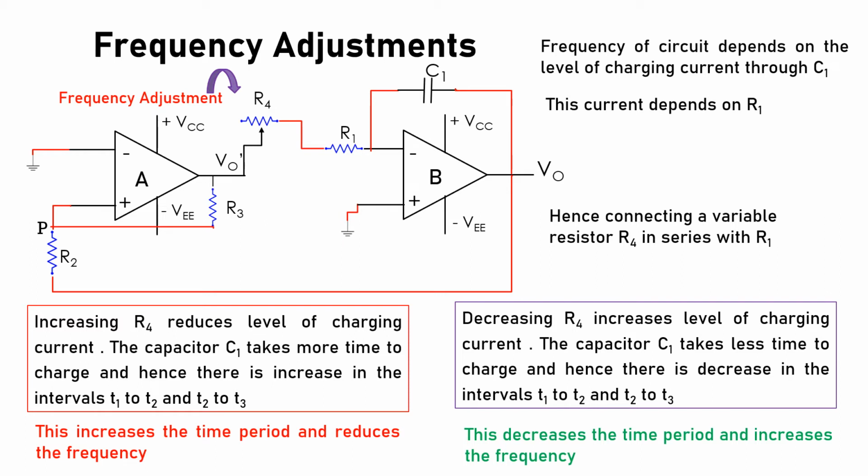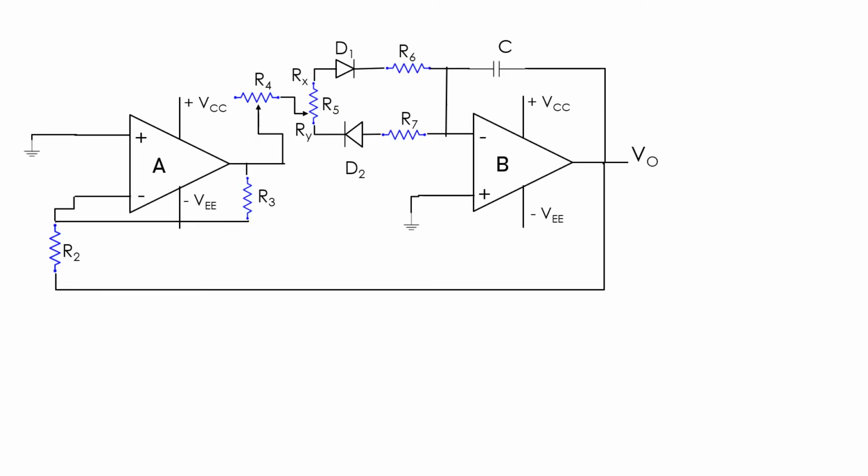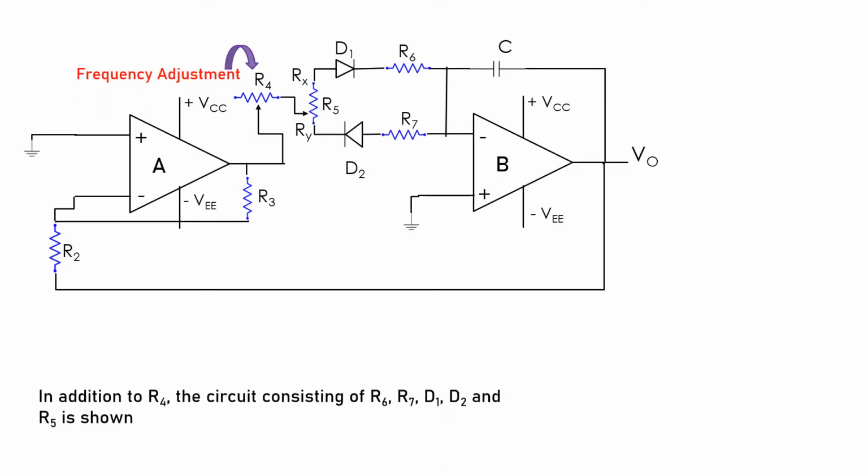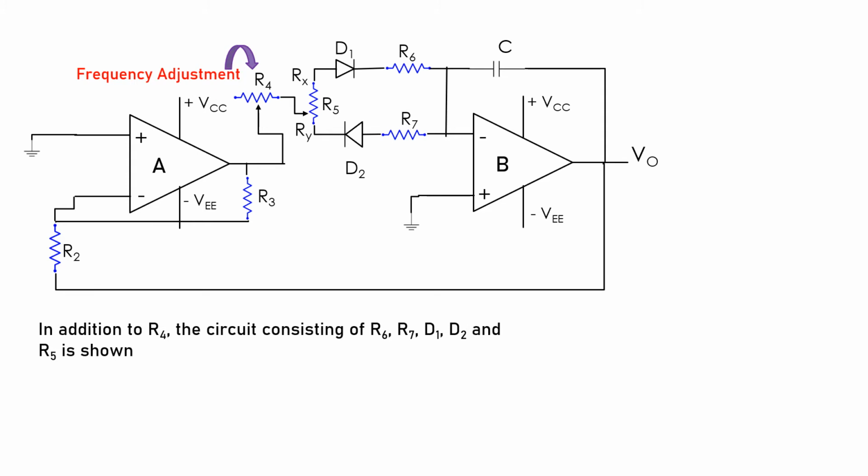Now, in the same circuit we have to obtain the duty cycle adjustment also. For duty cycle adjustment, in addition to the resistance R4, the circuit consisting of R6, R7, D1, D2 and R5 is shown, which is mainly used for adjusting the on time of the circuit so that the duty cycle can be varied.